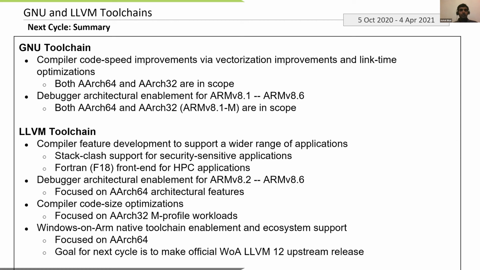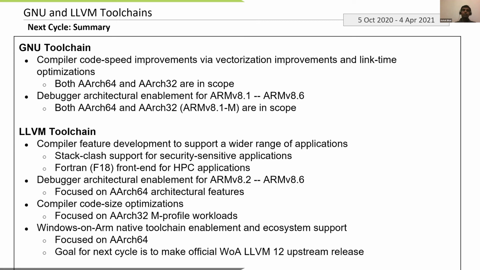In terms of the GNU toolchain, they continue to work on code speed improvements, both AArch64 and AArch32. Especially on the debugger, Linaro has taken a lead with working on GDB, both on the AArch64 and AArch32 side. On the LLVM toolchain, Linaro, for the first time, has started working on Fortran. So they'll start working on the Fortran front end.